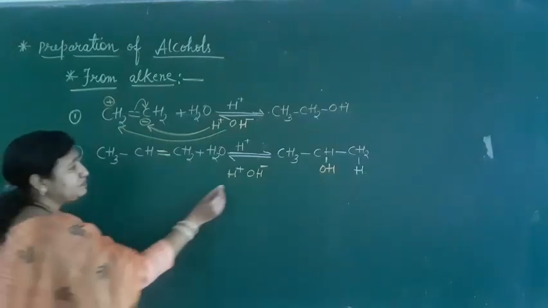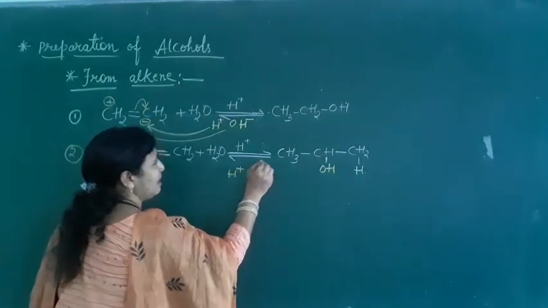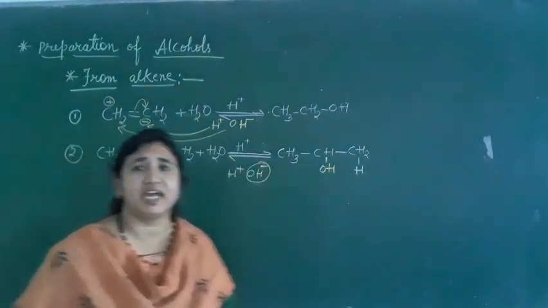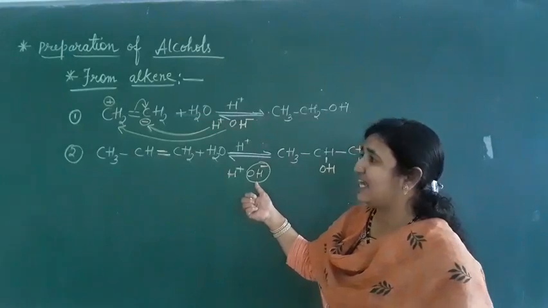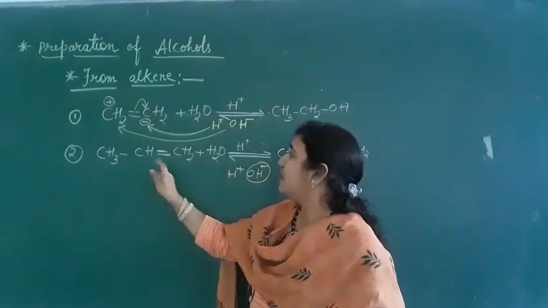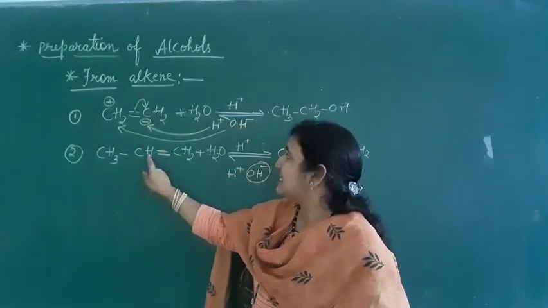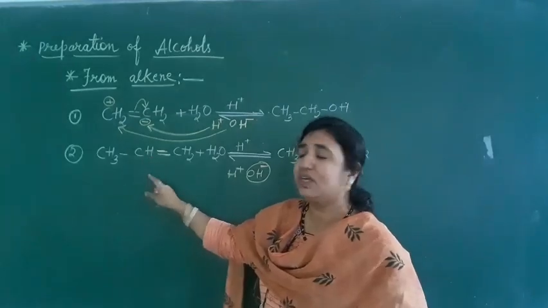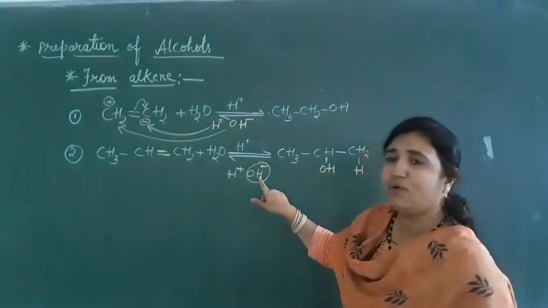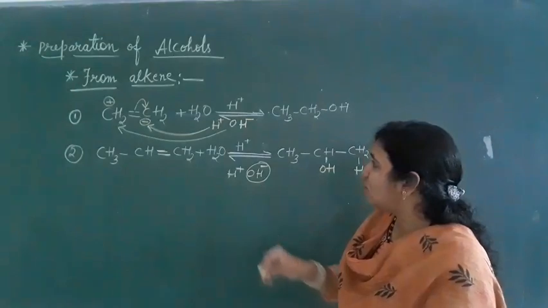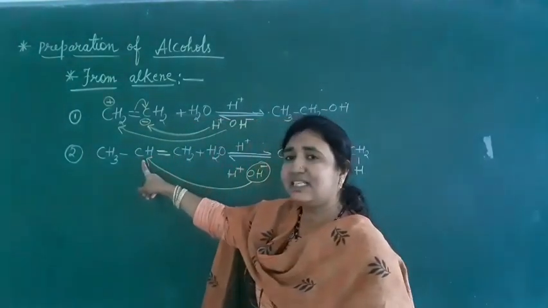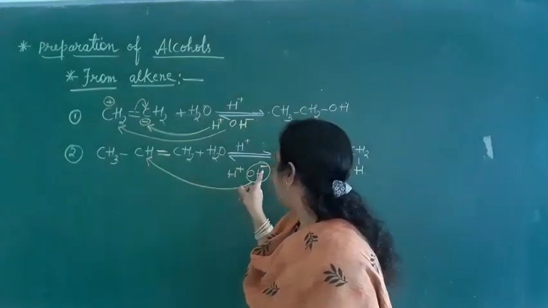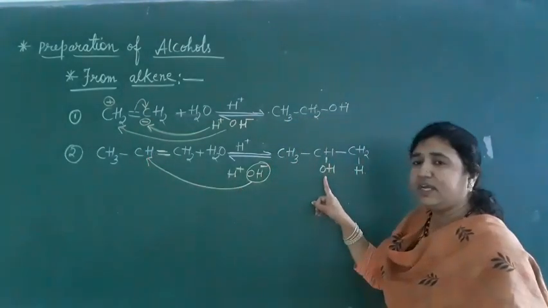So what is Markovnikov's rule? It says that the negative part of the attacking reagent gets attached to that carbon of the double bond which has fewer hydrogen atoms. The negative part here is OH-. So this OH- will get attached to this carbon because this carbon has fewer hydrogens.